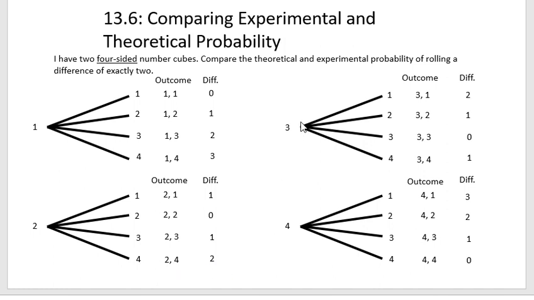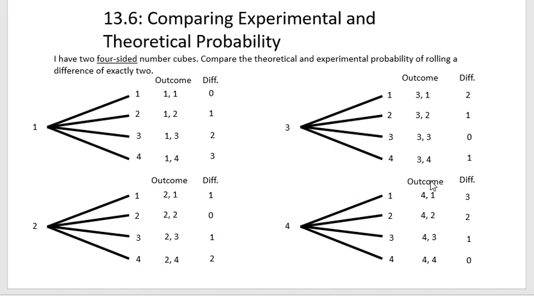And here we have the first cube being 3, the second cube being 1, the first cube being 3, the second cube being 2. And here are all of those outcomes where the first cube has a roll of 3. Here's our fourth tree, and we have our first cube with a roll of 4, and the second cube with a roll of 1.